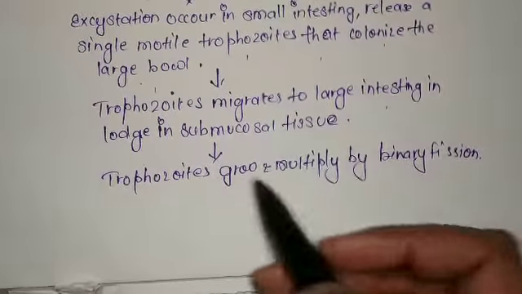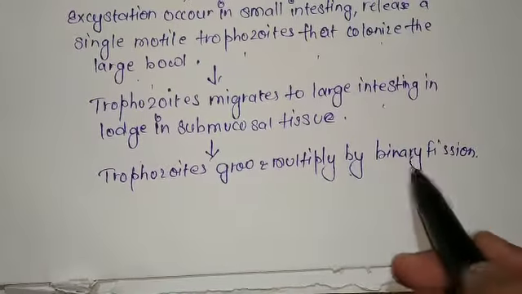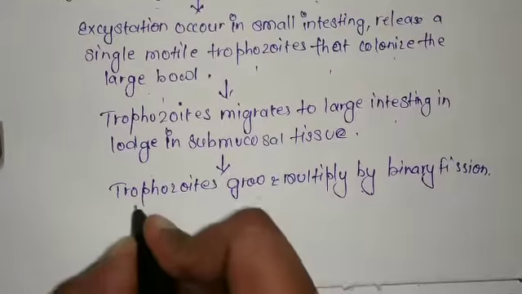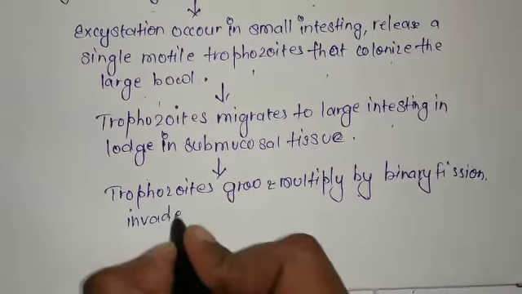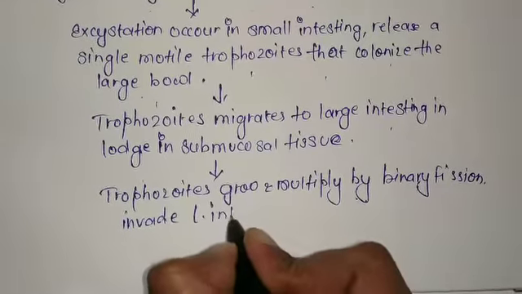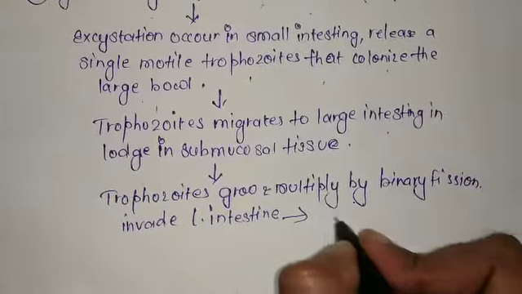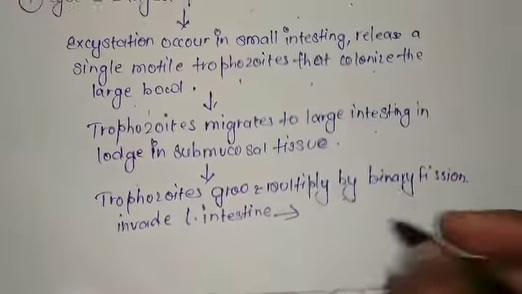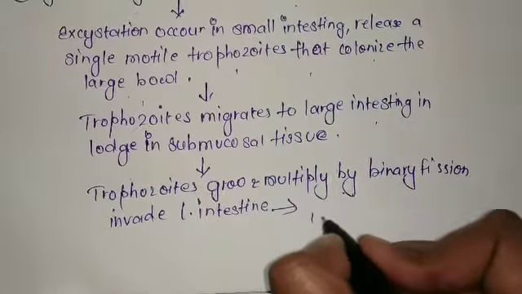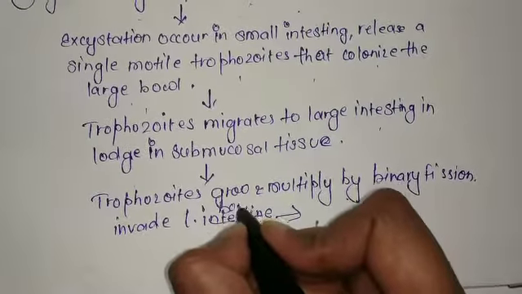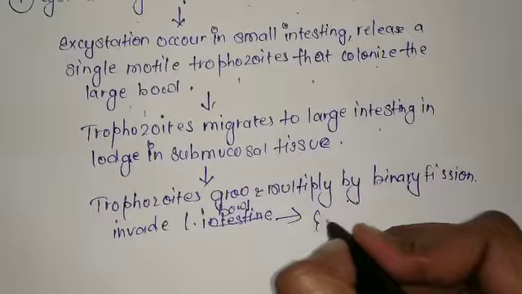There they multiply by binary fission, and then they invade the large intestine.